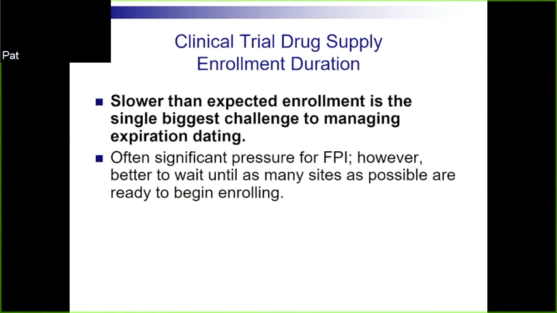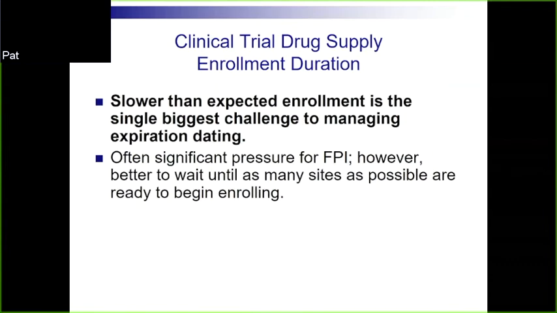And there's often a lot of pressure, as you all know, on the first patient in. We've got to be able to celebrate that milestone, and a lot of times there's a significant amount of effort to get that first patient in at maybe the investigator's institution site, and then there'll be a bit of a lag before the other sites come on board. So we may get that first patient in today, but that second site might not become operational for another 3 months.